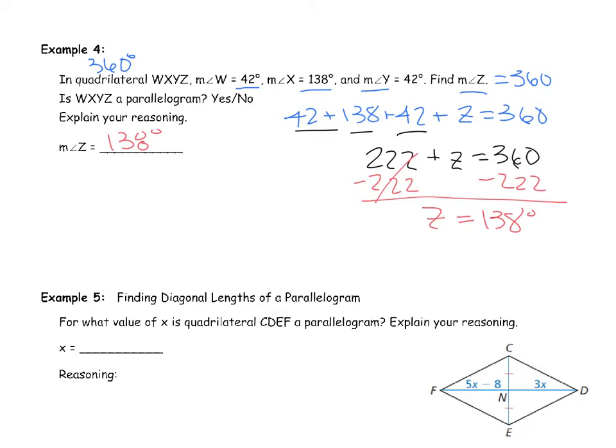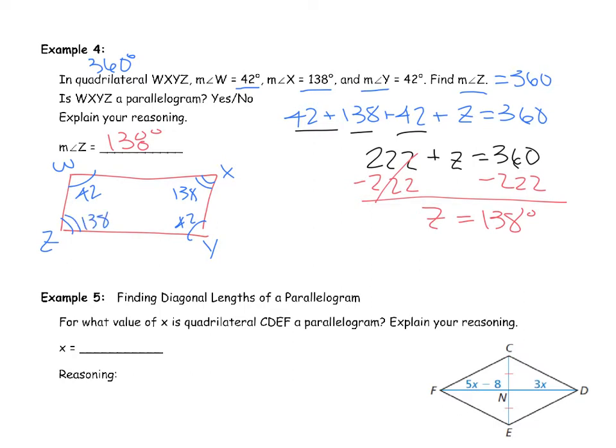Now, if I draw myself a little visual here, and obviously, it's not going to be very accurate looking. That is W, X, Y, and Z. W was 42. X was 138. Y was also 42. And we conclude that Z is also 138.